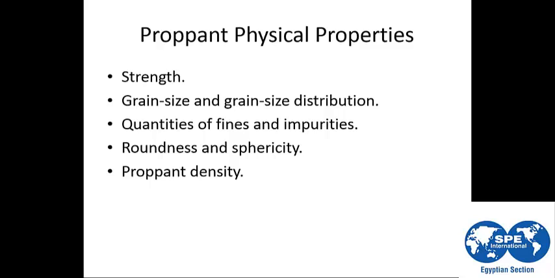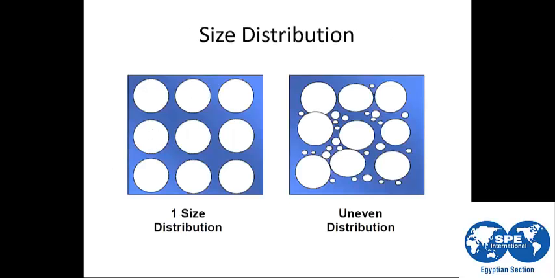There is also control on the quantities of fines and impurities inside the proppant, and the roundness and sphericity of the proppant is guaranteed. Also, the proppant density is measured and controlled. This is the effect of the proppant distribution on the conductivity.